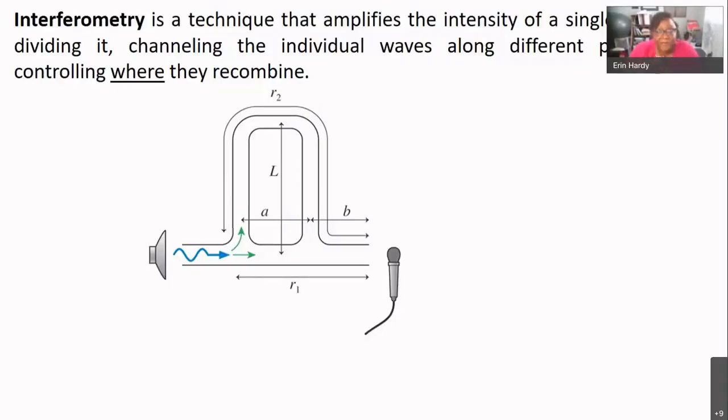You can exploit this property so that you can take a modest quality signal and add it to itself so that you end up with something a little bit more detailed than what you would get if you weren't using interferometry, if you weren't splitting the source apart and then rejoining it in a way of your choosing.